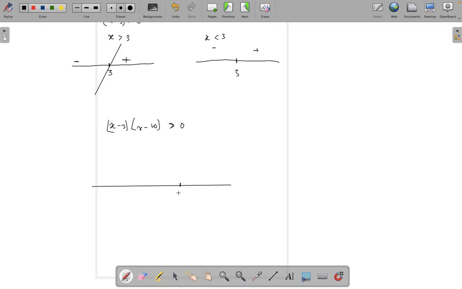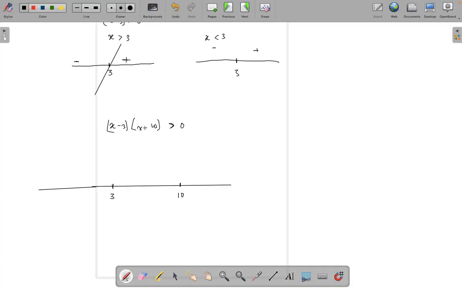I'll mark 3 as well. But why are we focusing on all the critical points? Why not only 10? Because if it is greater than 10, then it is positive. But you know that there are two terms, so negative times negative is also positive. So there will be more points that are of your interest.